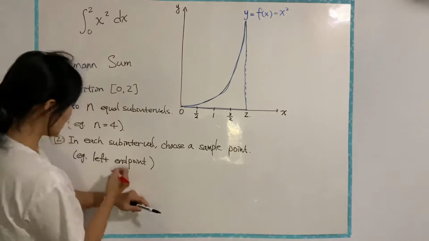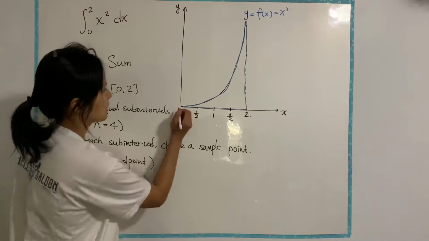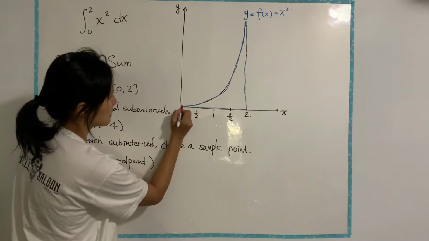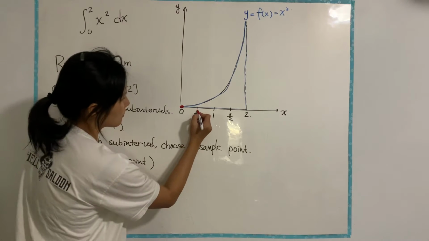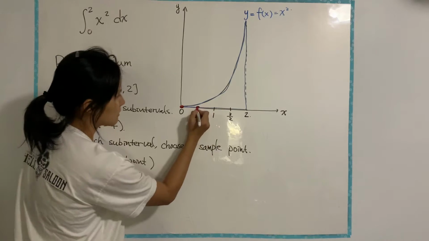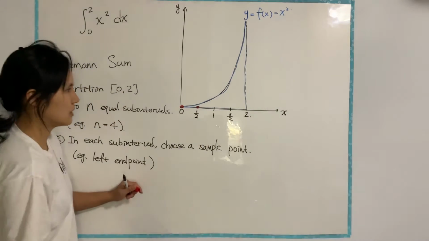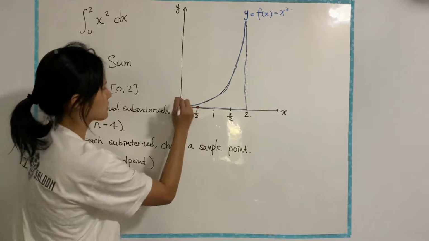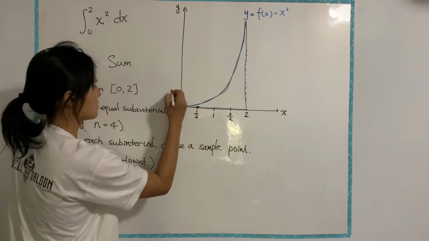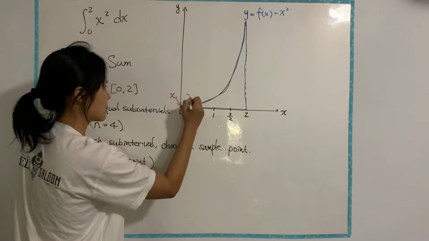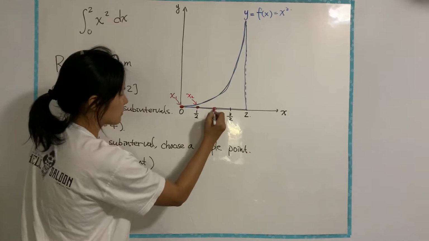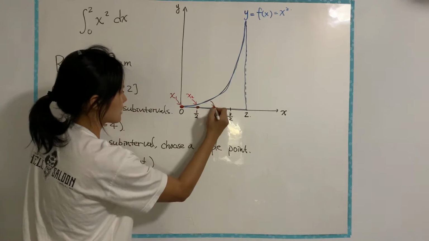Okay, so if I want to choose the left endpoint, in this interval my left endpoint is this one. In the interval from a half to 1, the left endpoint is here. For the third interval, so let me actually mark it. Let's call this x1, and let's call this x2. And for the third interval, let's call this x3.